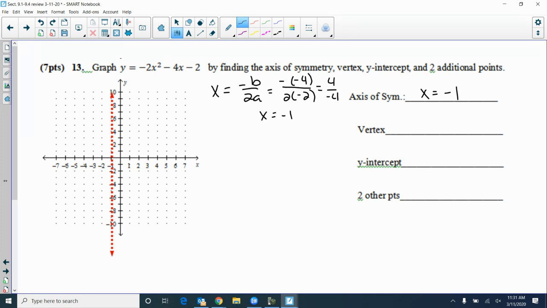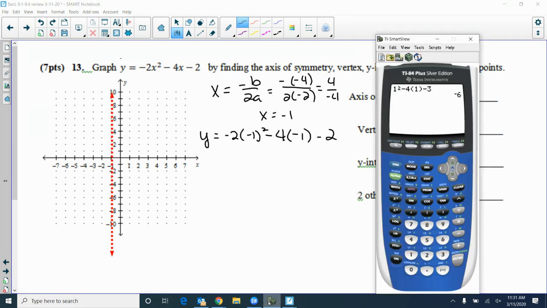So when I plug in negative 1, y equals negative 2, negative 1 squared. Let me know what you get because you have a little calculator challenge here. I have 4. How are you getting 4?